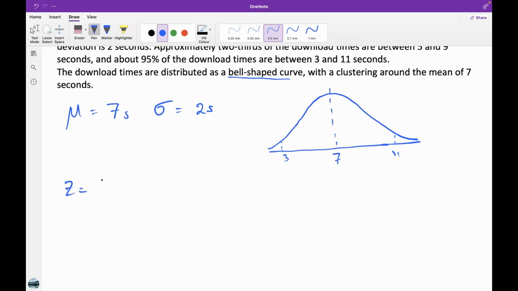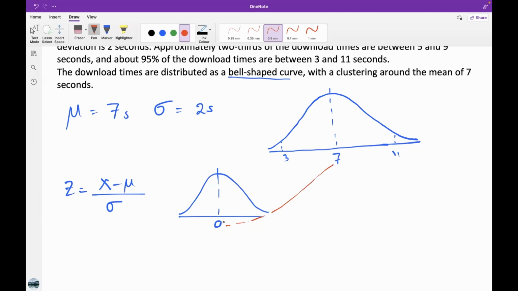Z is going to be x minus mu divided by sigma. So when I convert this, you will get a curve that goes like that. But now the center is 0. 7 will be transferred to 0.